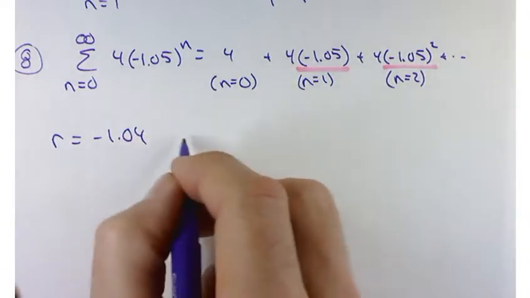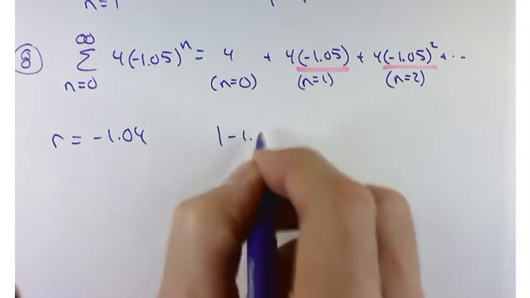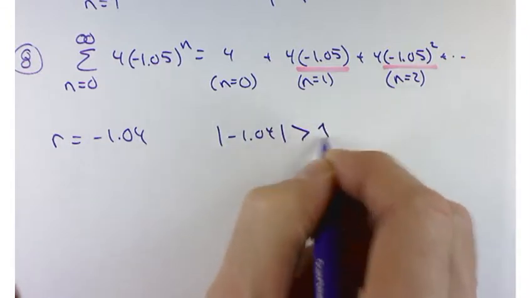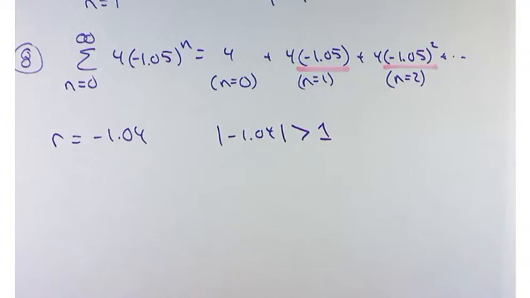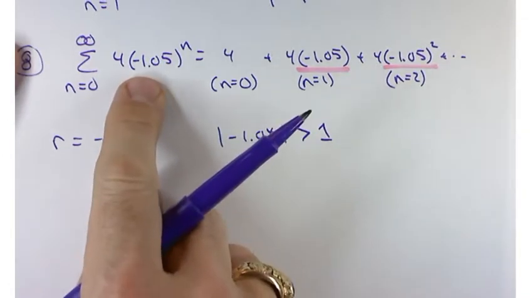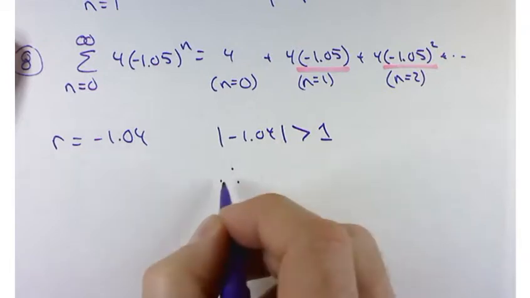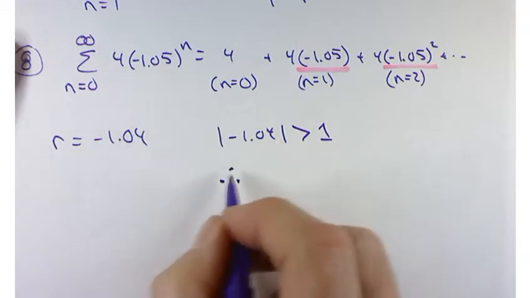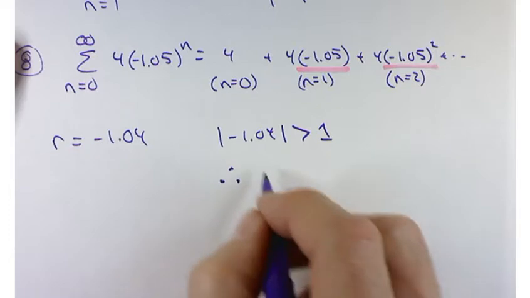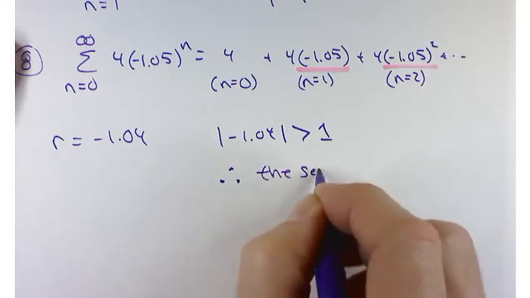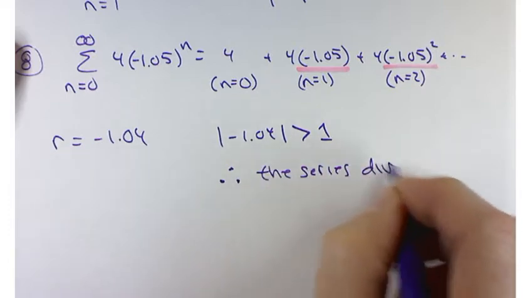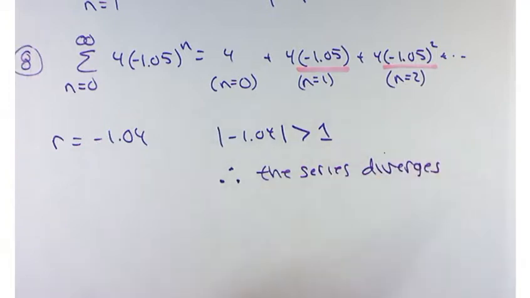And that problem is that the absolute value of negative 1.05 is greater than 1. So what that's saying is that this infinite series doesn't add up to anything finite. It diverges. So therefore, we've seen this before, right? The little triangle dots, therefore, the series diverges. It doesn't add up to something nice and neat.